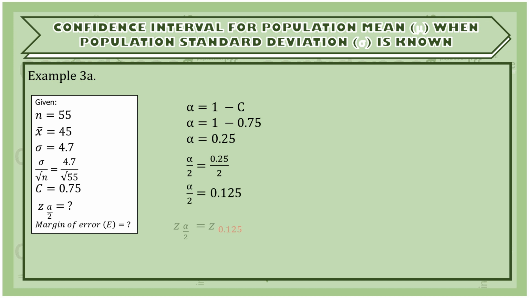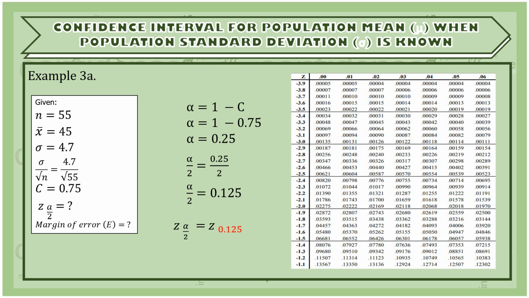Sixth is find the corresponding z-score using z-table from the result of alpha over 2, wherein the nearest area of 0.125 is located at negative z-table, which is 0.12507, with corresponding z-score of negative 1.15.